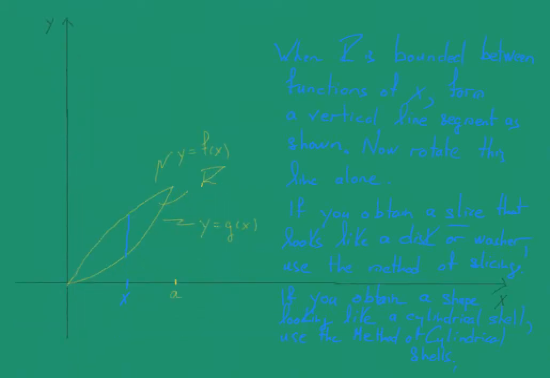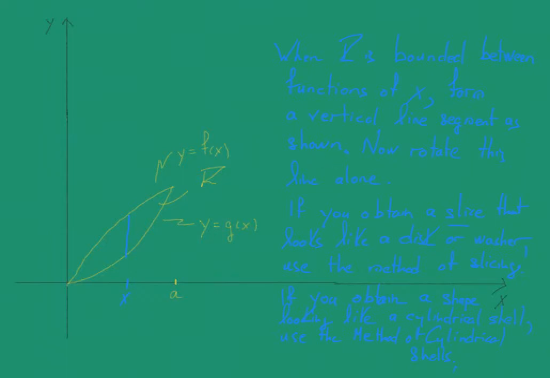All right. So here is that same statement written. And essentially, what I've written here is all you need to know when your region is bounded between functions of x. So when R is bounded between functions of x, form a vertical line segment as shown.